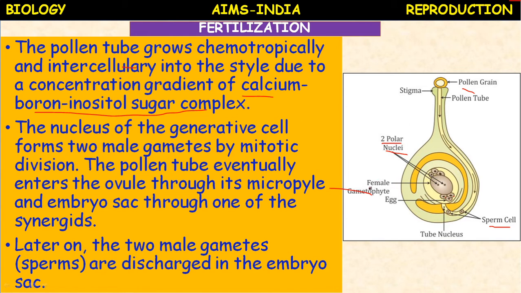The female gametophyte is also called the embryo sac. The egg is the female gamete. So these sperm cells will enter the embryo sac through the micropylar region of the ovule.